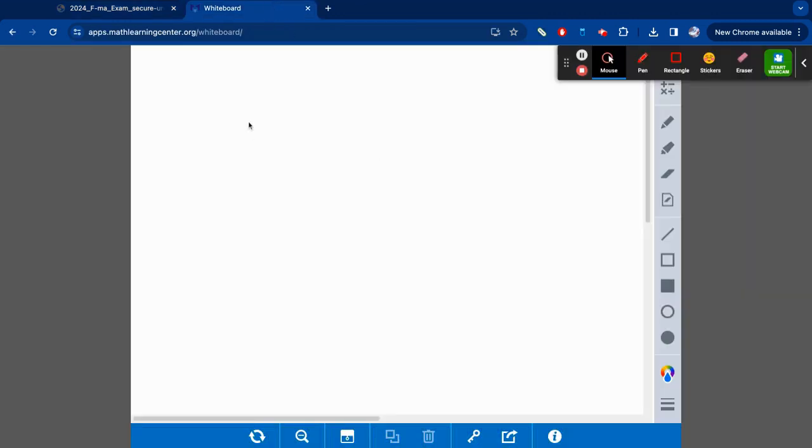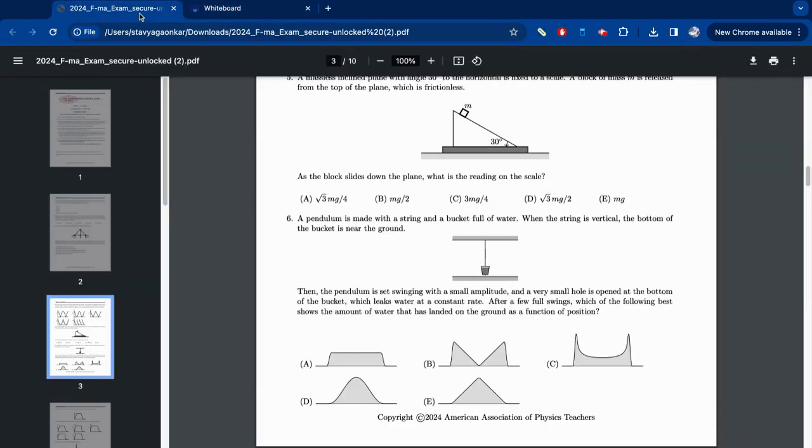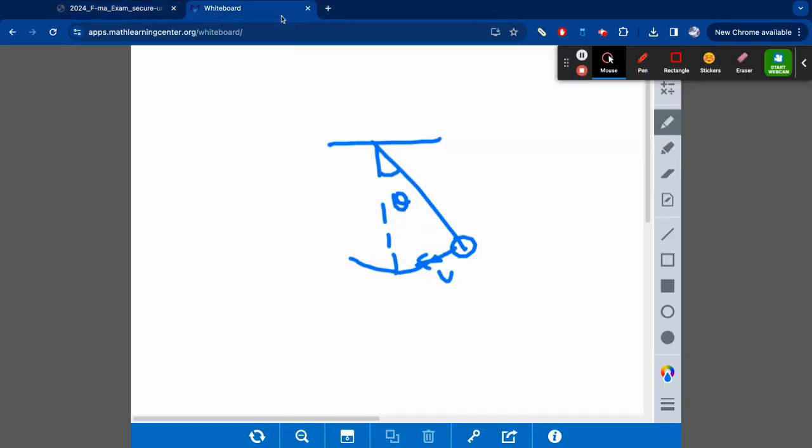Okay, so we know that if you have a pendulum with a very small amplitude, you can basically approximate the velocity at its very small angular displacement as v, a uniform v throughout. Which means that since the bucket has a very small amplitude, it's essentially moving at the same velocity across its oscillation.